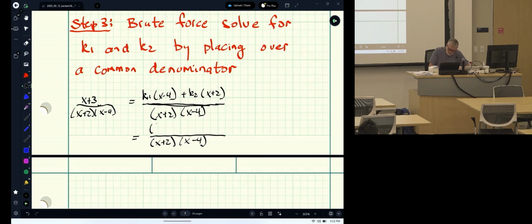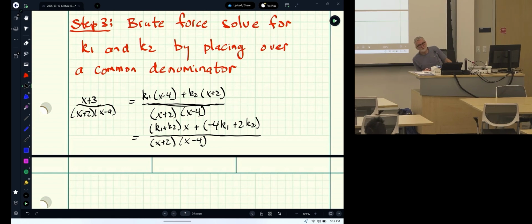So I'm going to write that as K1 plus K2 times x. And then we've got a constant term. We've got minus 4 times K1 and a plus 2 times K2. Just algebra. Once again, every engineer's dream, more algebra to do. Minus 4K1 plus 2K2.